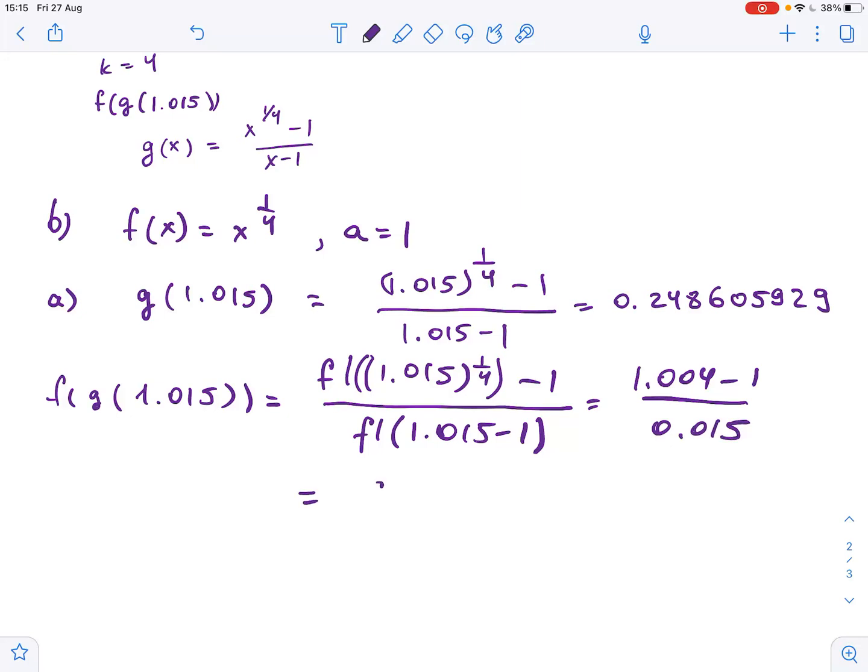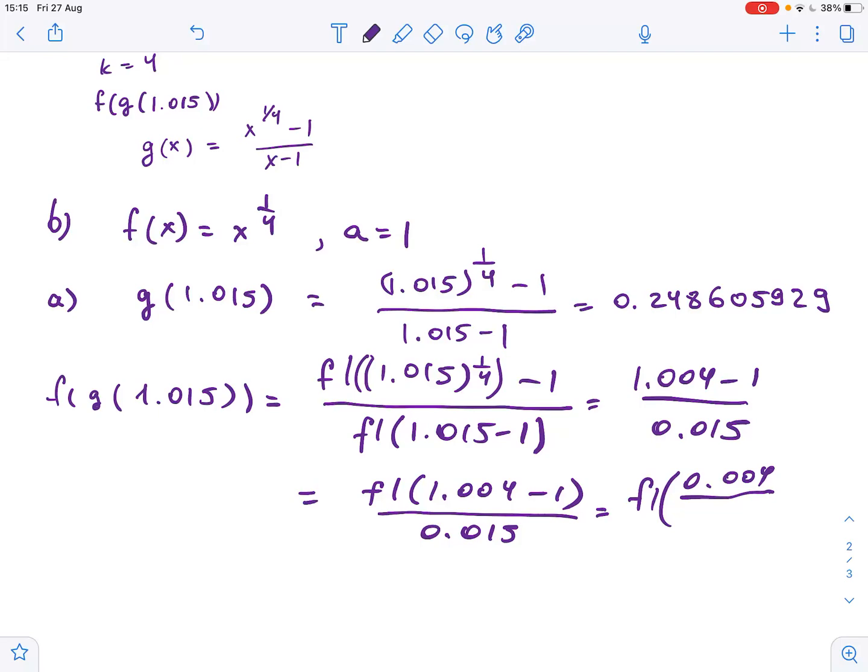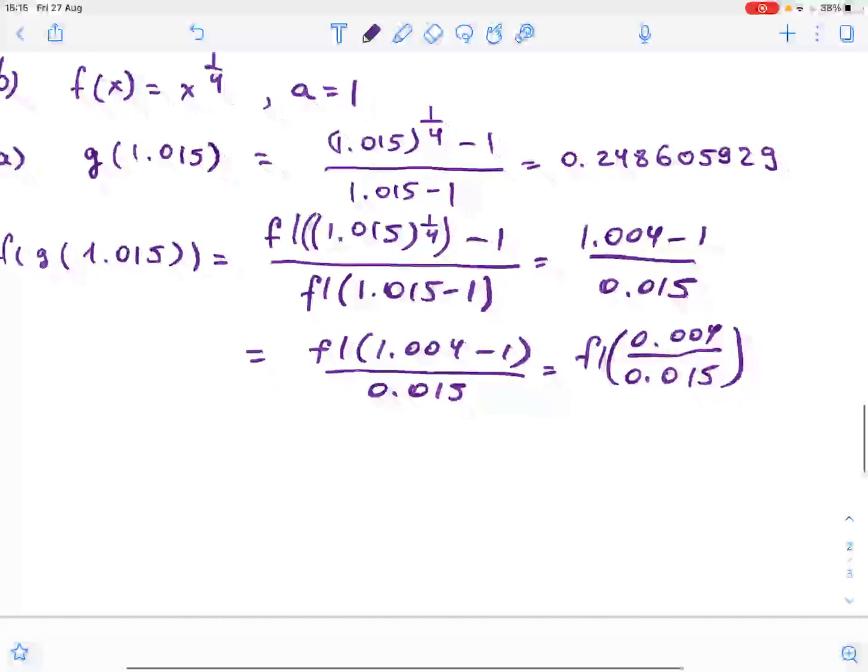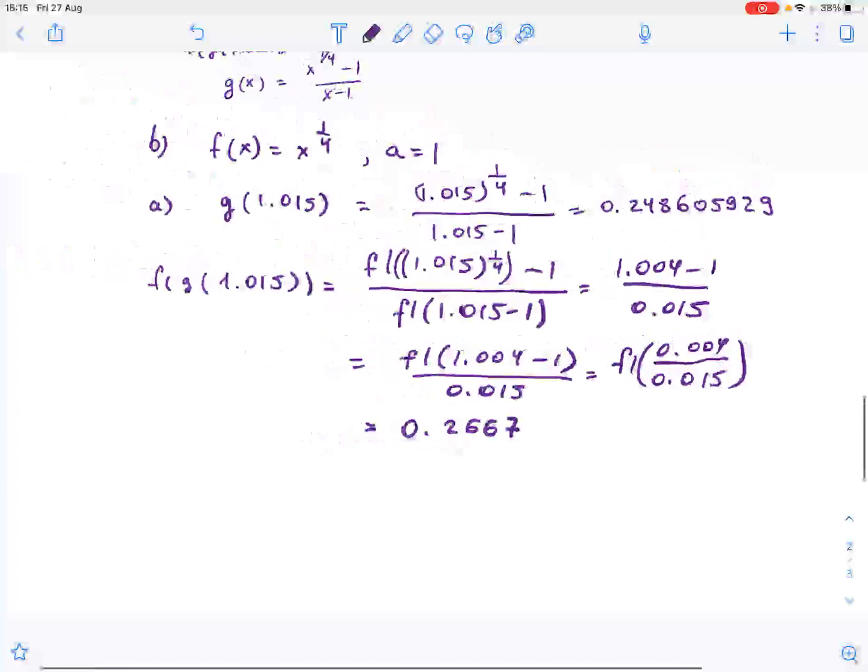Then this equals FL of 1.004 minus 1 over 0.015, and this equals FL of 0.004 over 0.015, and this equals 0.2667.